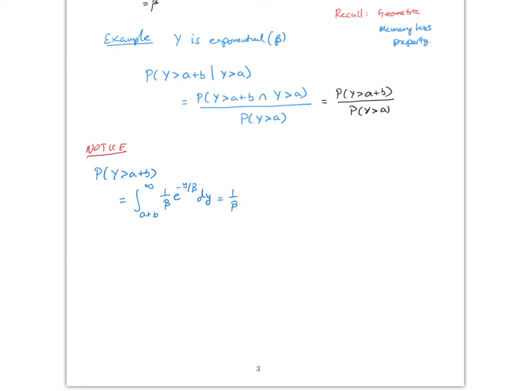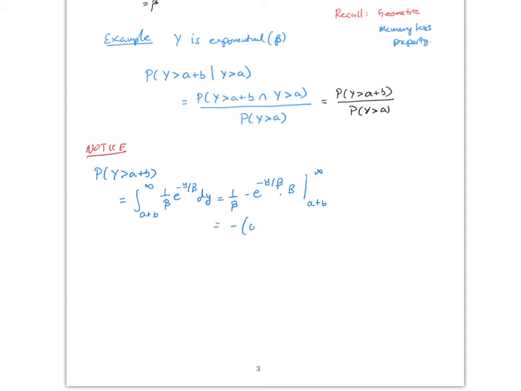You can take out the 1 over beta, and this will be the integral of that. It will be minus e to the minus y over beta times beta from a plus b to infinity. So the betas cancel, so this is minus.